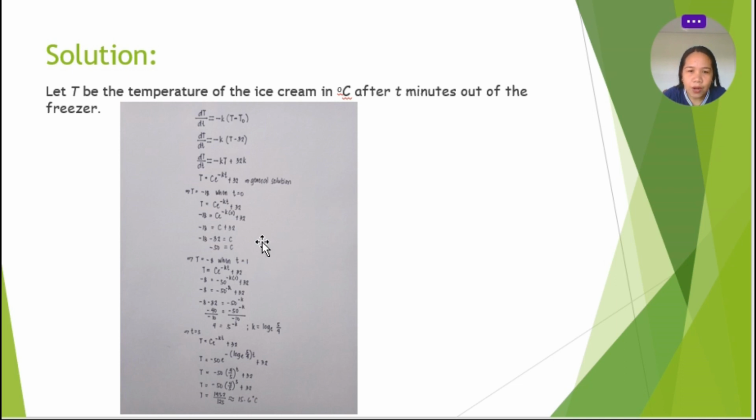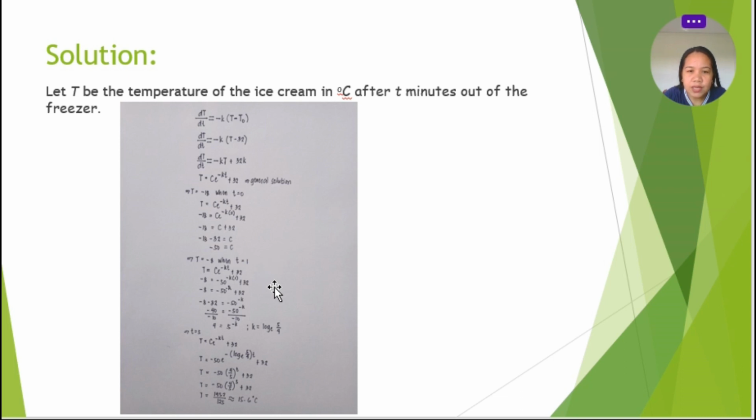And then again, if our T is negative 8 when t equals 1, we will use the equation T equals Ce to the negative kt plus 32. So our T now is negative 8 and our t for the time is 1. So we have negative 8 equals negative 50 e to the negative k times 1 plus 32.